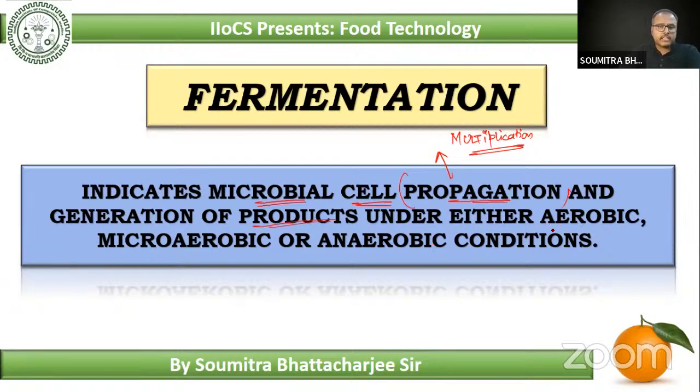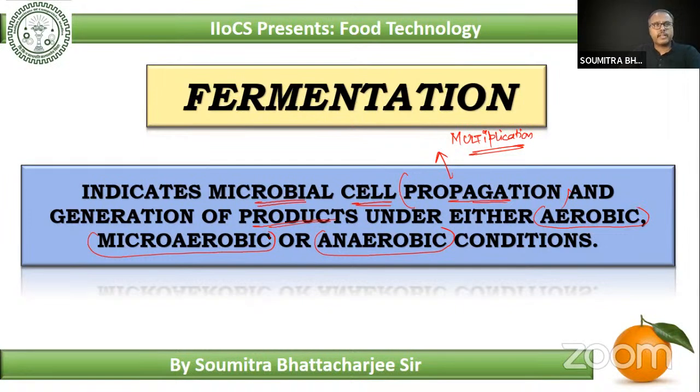Whatever propagation happens, we are generating products also. That can be done under aerobic, microaerobic, or anaerobic conditions. In all three of these conditions, fermentation can be done. So what is the aerobic condition? It means an ample amount of oxygen is present.